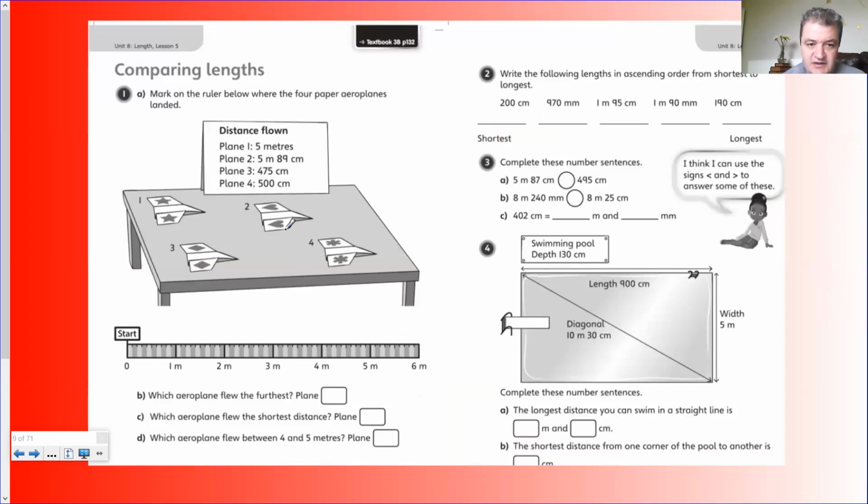Again, measuring, comparing the distance paper aeroplanes have flown, doing ascending, and the shortest, the longest, ascending or descending. So complete the number sentences. Here, we're going to use greater than or less than. And then another question, that starts leading us, looking at this type of shape, into some questions that we'll come across in the next week or so.